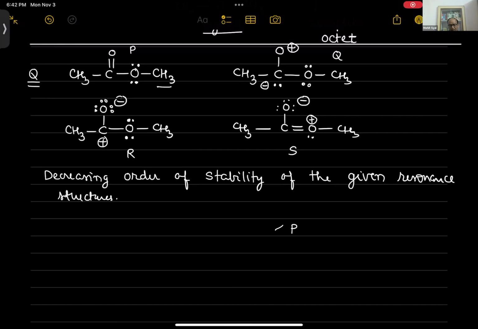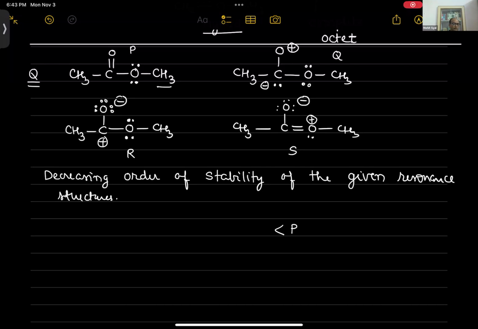Yes, sir. Nabila, is it clear? The others have either incomplete bonds or they carry charges, so all those factors are going to make them unstable, right? So P is the actual ester in which we write, and this is the most stable resonance. And which is the least stable?